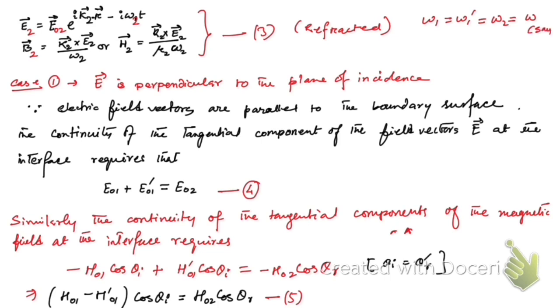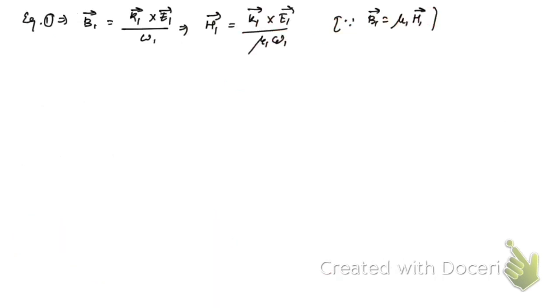So, okay, let me mention this one. If that is the case, here you see, now if we consider that n1 cap is the unit vector along the k1 vector, then what can we write?